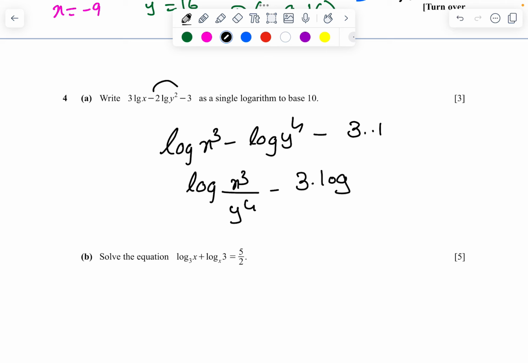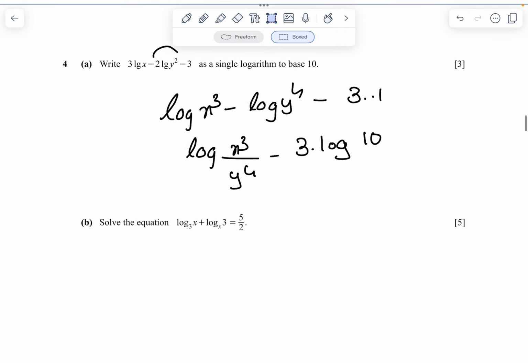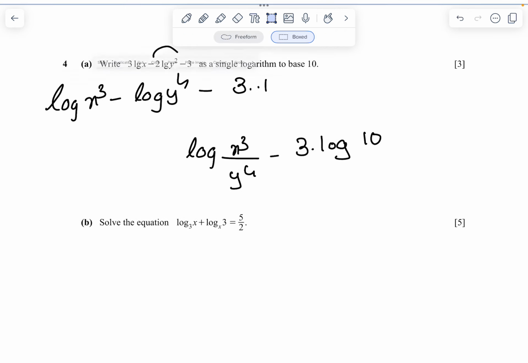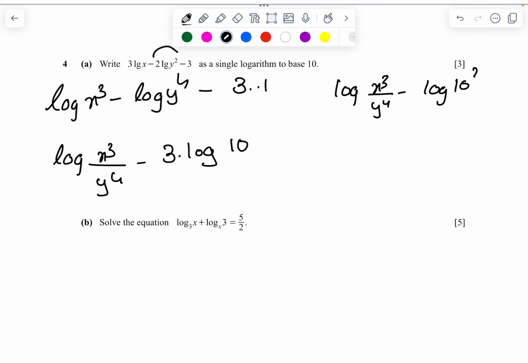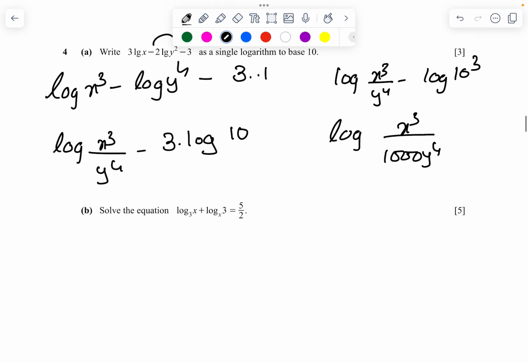So which is nothing but what? Log 1 can be written as log 10. So what does that become now? Log x cube by y power 4 minus log 1000, 10 cube. So the final answer is log x cube by 1000 y to the power of 4.